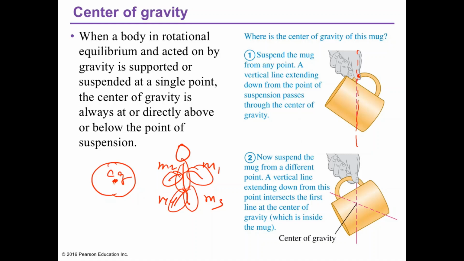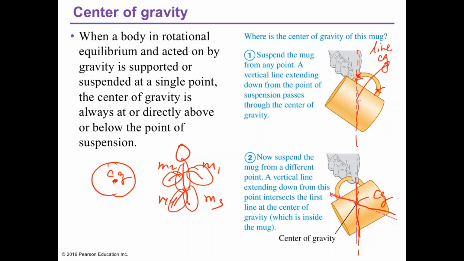Basically, vertically, your center of gravity will sit on this line. This is the line where the center of gravity sits. You can then choose another suspension point and find another line where the center of gravity sits. Then you have two lines, and where they cross each other is where your center of gravity is.